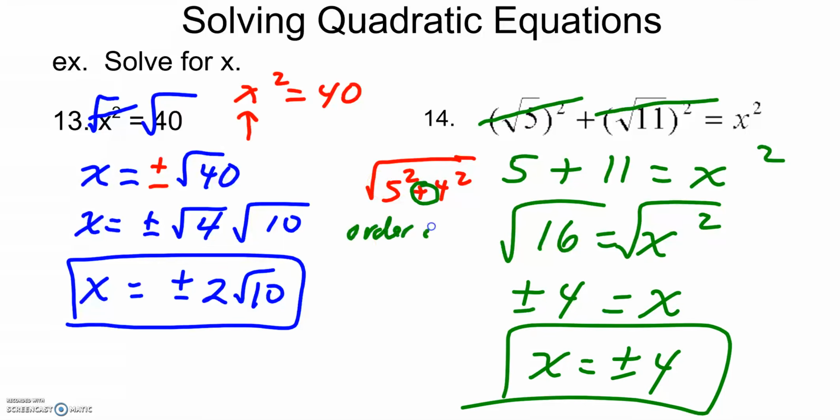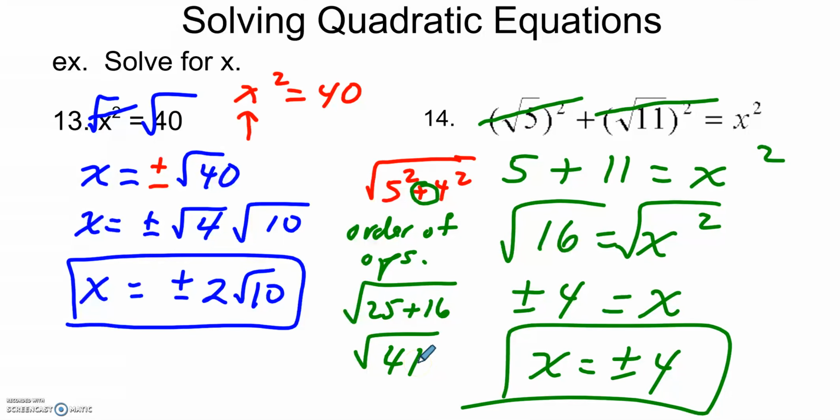Order of operations tells me that I have to simplify under the square root before I perform the operation on the outside. So legally, I would have to make this 25 plus 16, which would then make it the square root of 41. So if you ever see a plus inside a square root, we cannot cancel out like this. So I thought that might be useful, again, for this class and future classes.